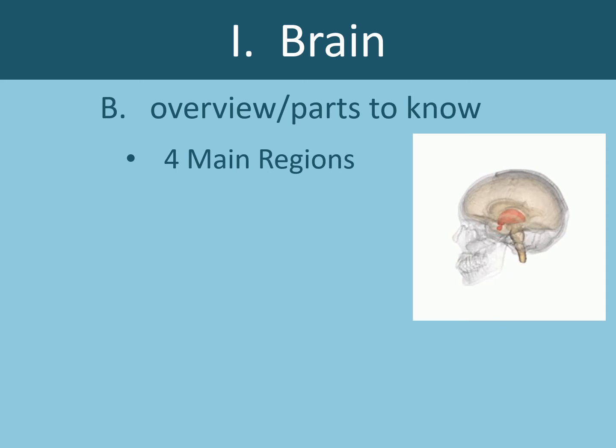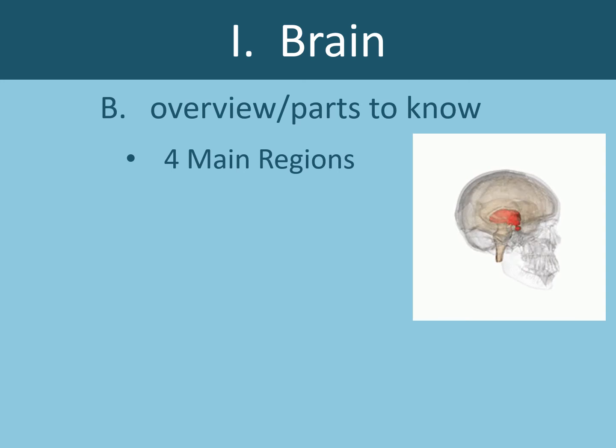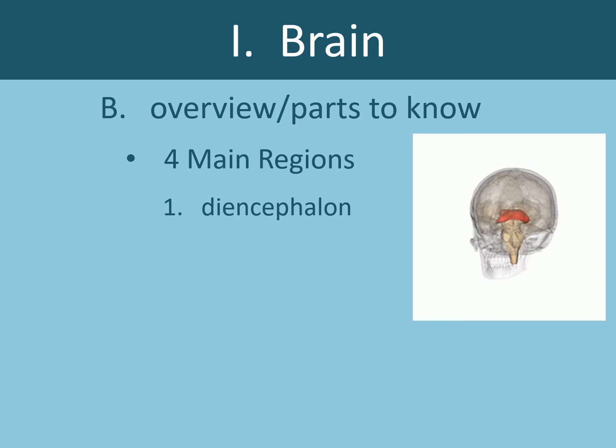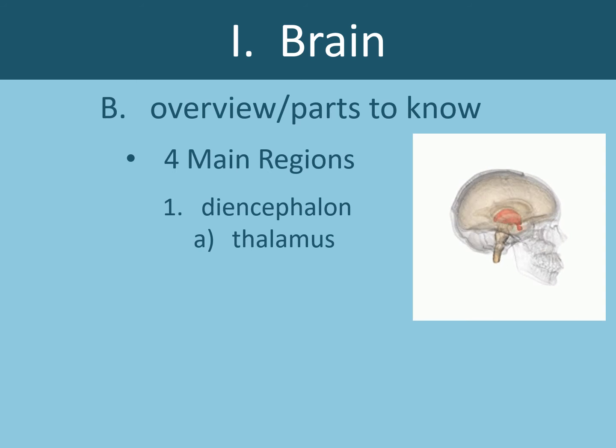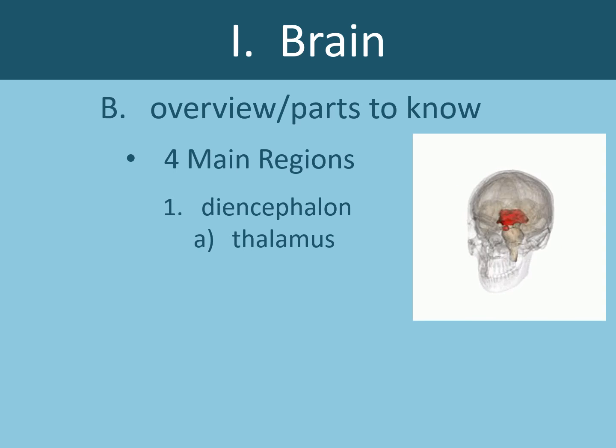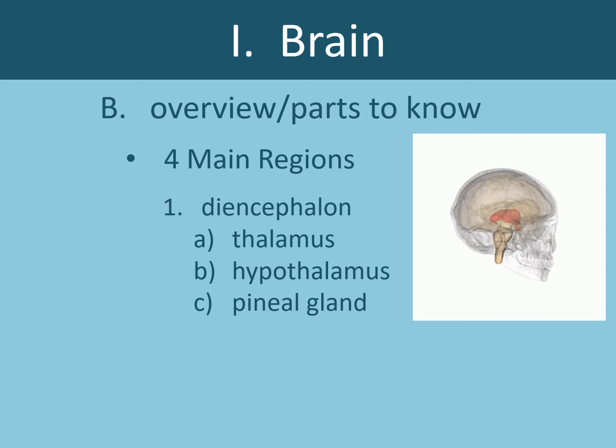Before I get into all of the details and functions of each part of the brain, let's start with an overview of the major regions of the brain. Let's start with the diencephalon. The diencephalon is made of three parts that I would like you to know: the thalamus, hypothalamus, and pineal gland.